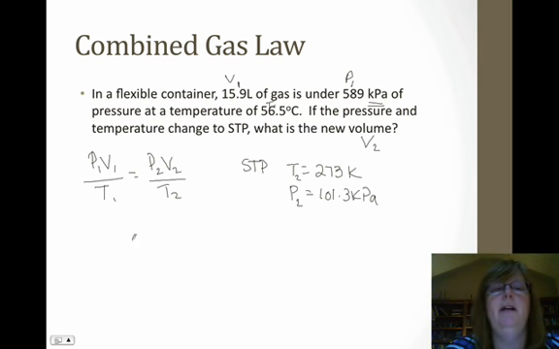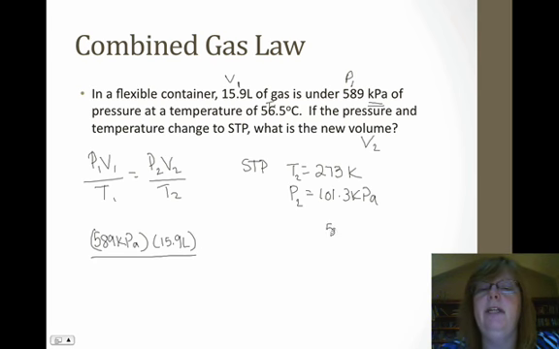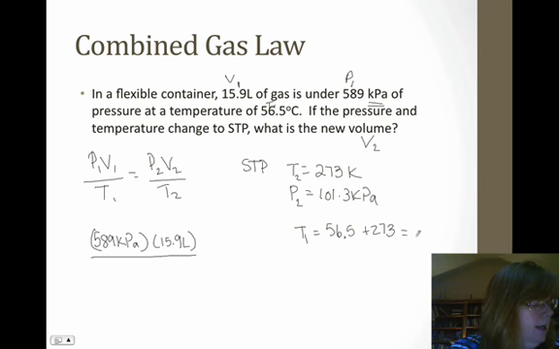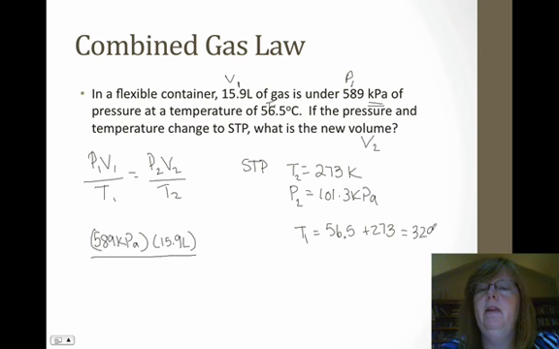Now we're ready to plug our numbers in. All right, now our P1 was 589 kilopascals. Our V1 was 15.9 liters. And our T1, well, we have to convert that 56.5 to Kelvin. So our T1 is 56.5 plus 273, and our T1 is 329.5 Kelvin.